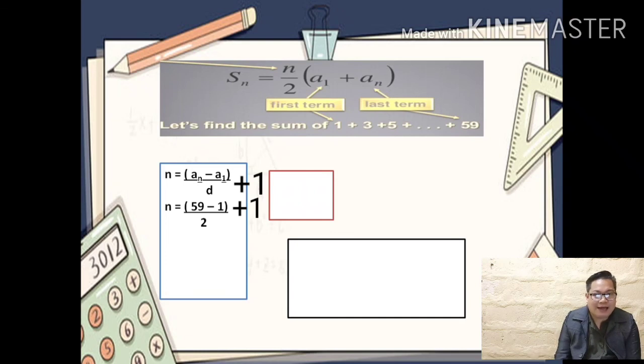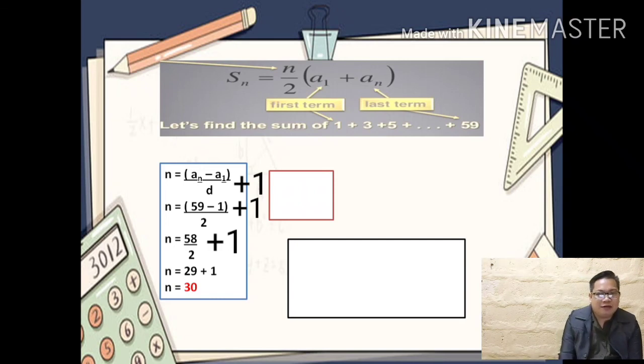Then plus 1. Then n equals 59 minus 1 is 58. 58 over 2 plus 1. Then ano ang 58 over 2? 29. Then 29 plus 1 equals 30. So we have n natin ay 30.